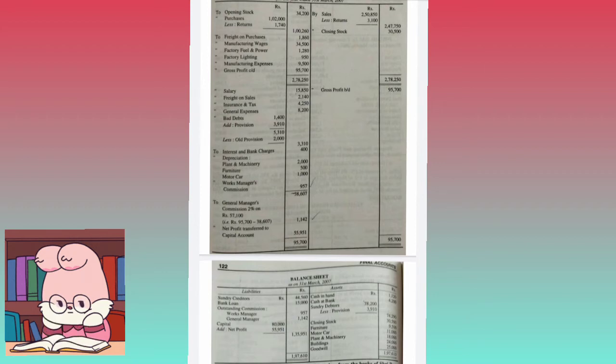You can take this provision for bad debts of 2,000 on the P&L account credit side, or else you can deduct it from the bad debts balance, that is 1,400 minus 2,000. It will have the same effect.